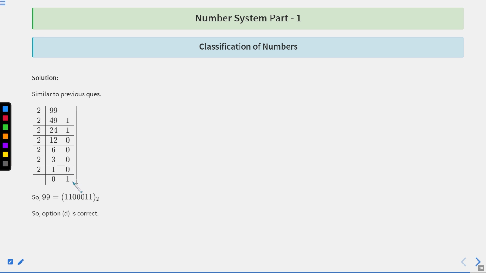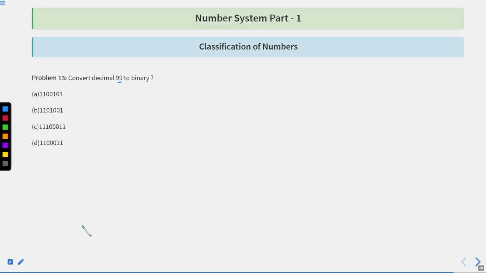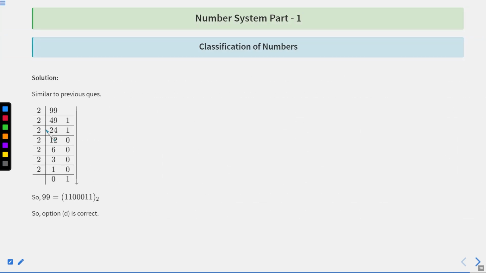So write it from the bottom. We have here 1 1 0 0 0 1 1, and D is the correct option.